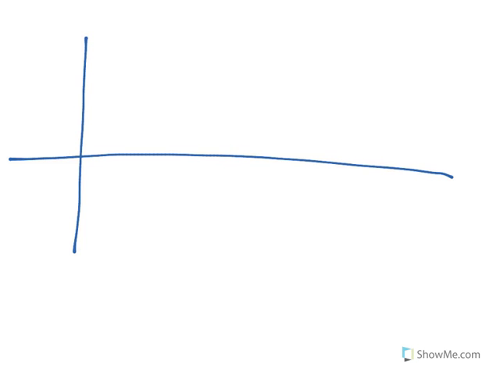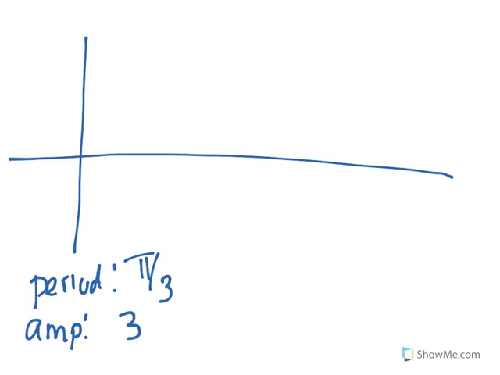Okay, so let's graph this. Now, I did that table just to show you how to do it with a table, and you can still use tables if you want to, but I found that it's a lot easier just to think about the period, which is pi over 2, and the amplitude, which is your height, which is 3.